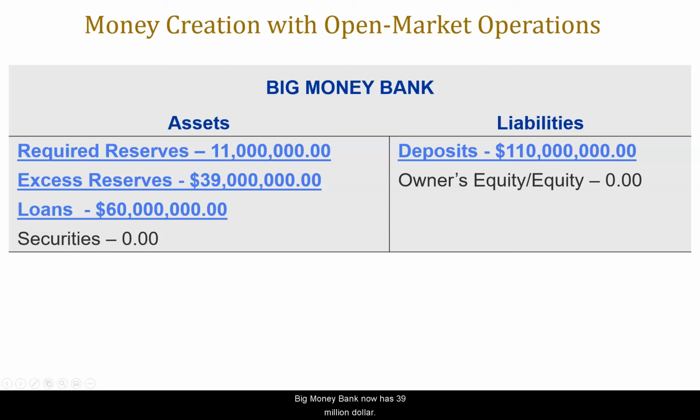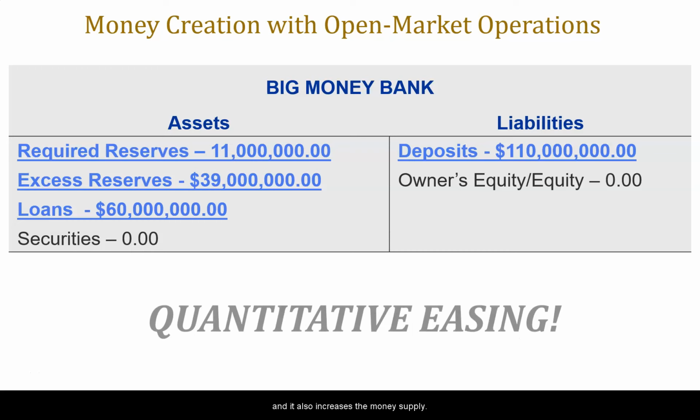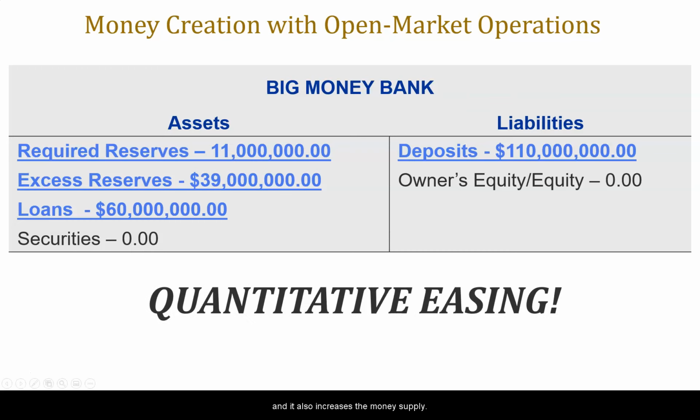Big Money Bank now has $39 million of excess reserves and now $60 million in loans. With this process, the money-making process continues, and it also increases the money supply. Therefore, quantitative easing.